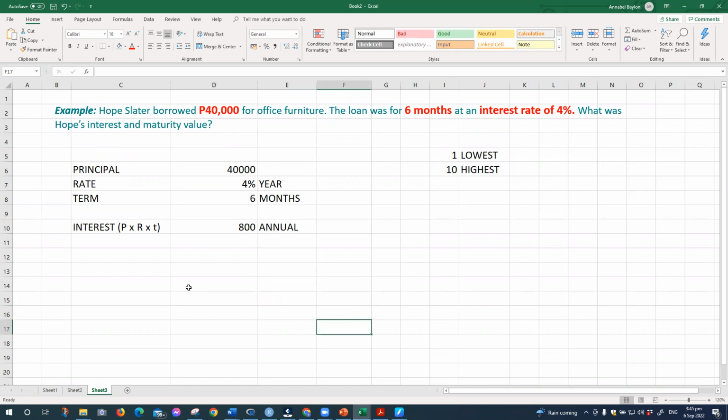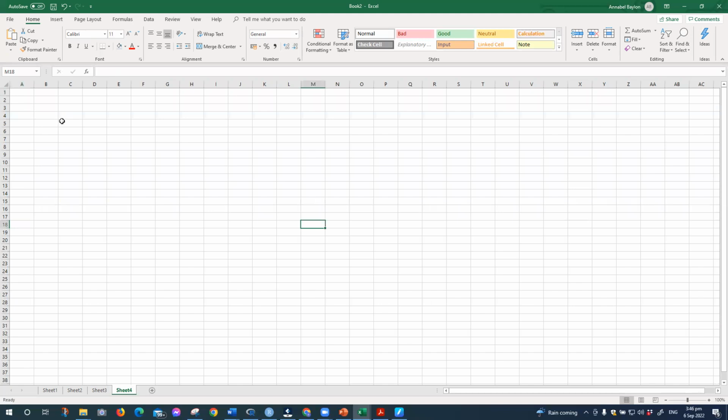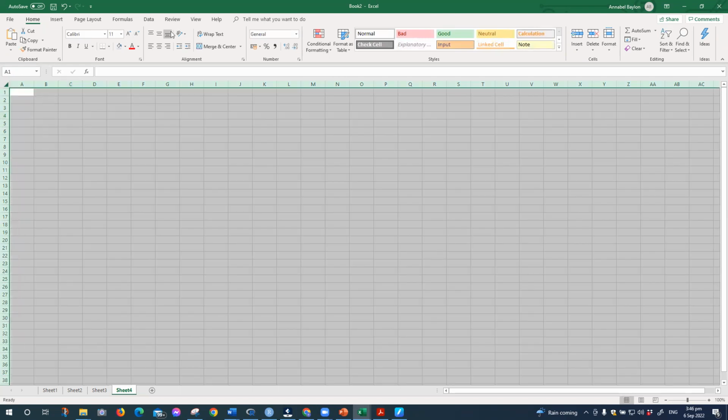Back to what I was mentioning a while ago, using the named range. This 40,000, if you're going to use it always, say you need that amount, what's the long way to do it?